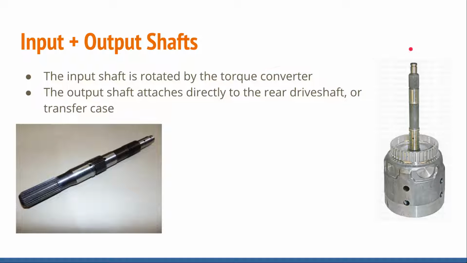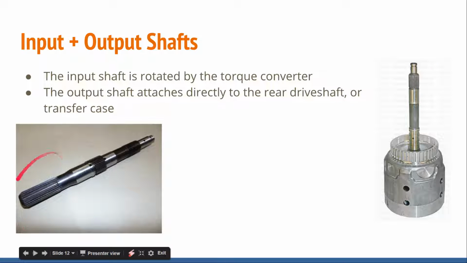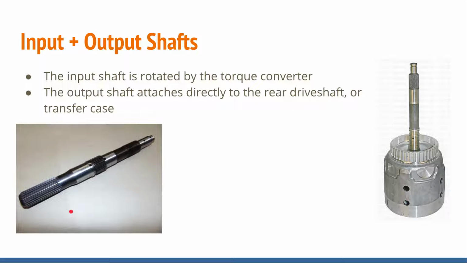So engine RPM here, output RPM here. And it's the link between this and this that changes the speeds of the shafts. That really makes the transmission, that's what your transmission's function is.